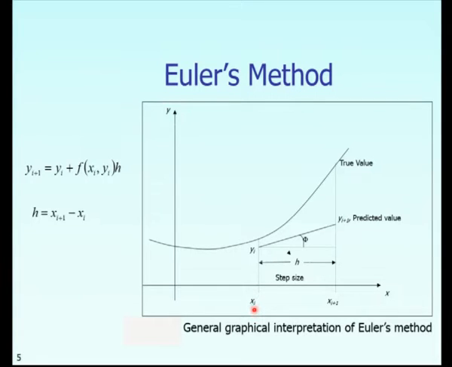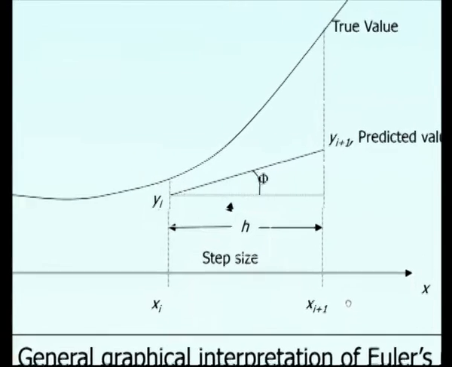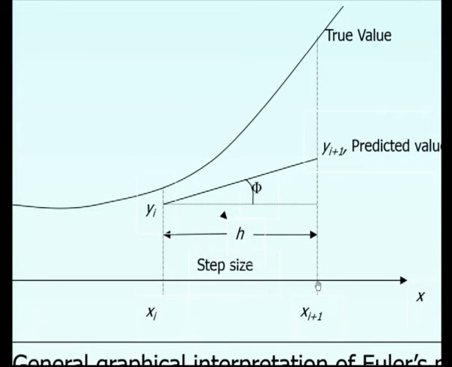Similarly, for a general point, this is the previous point x I and this is the current point x I plus 1. Our main aim is to compute the solution value at x I plus 1. This is the true value, which we are not going to compute; rather we compute the approximate value y I plus 1.